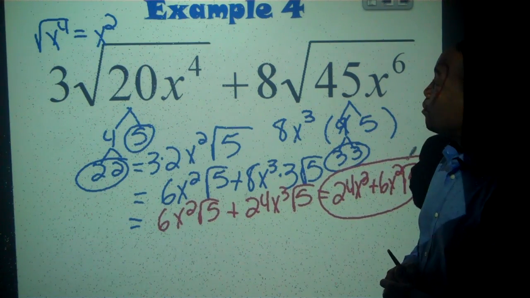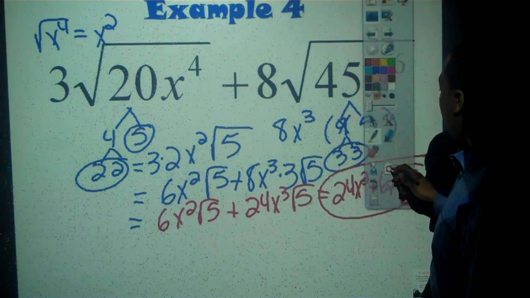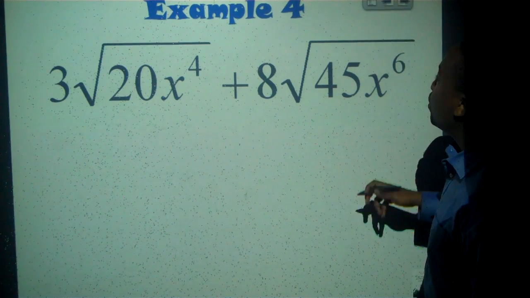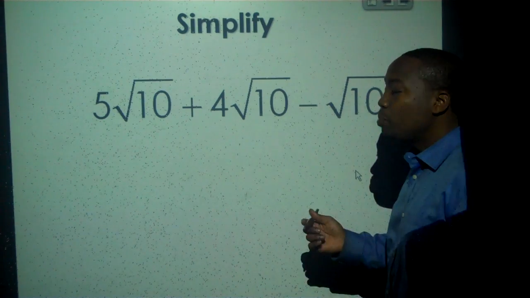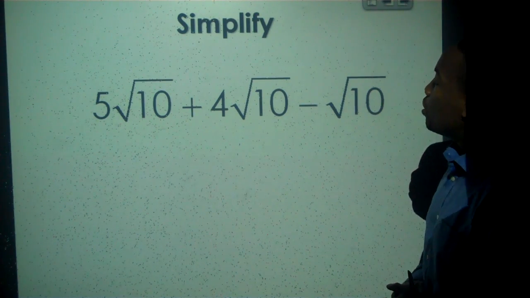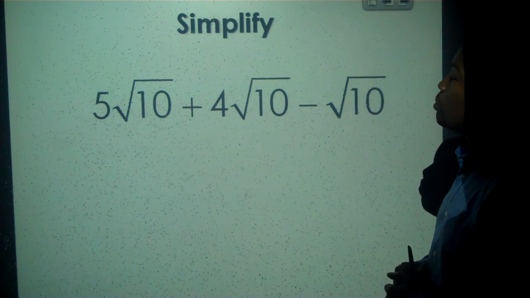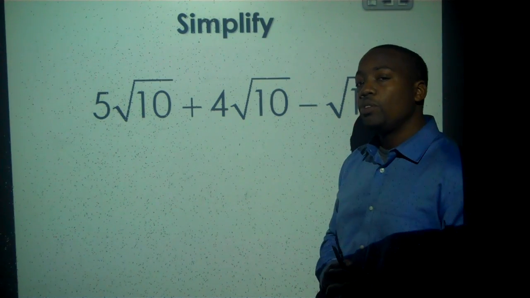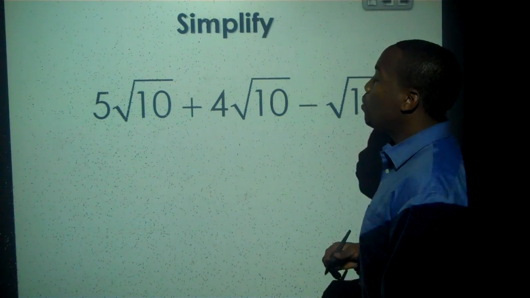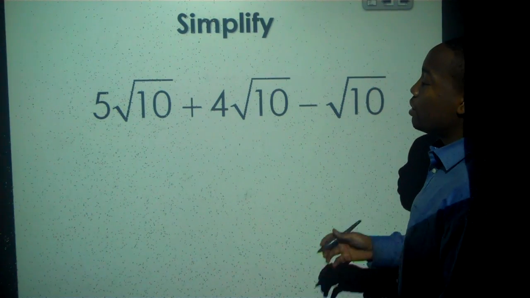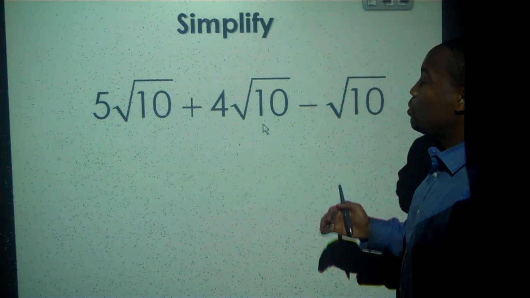Now, I have one more example for you, and it's a pretty simple one. I just want to make sure everyone understands what we're going to do here. Actually, I might do one more after this. First of all, what we know about these is that they're all the same. So this one's very simple.